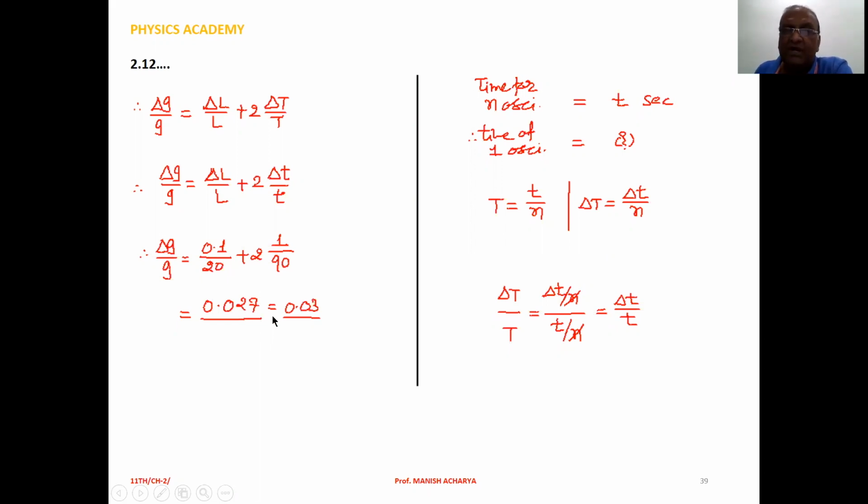After rounding off, you can write 0.03. Therefore, the percentage error, that is delta g by g into 100, is 0.03 into 100. So the percentage error in the measurement of acceleration due to gravity is 3%. Clear to all of you?